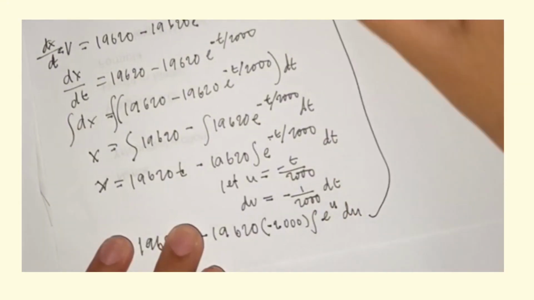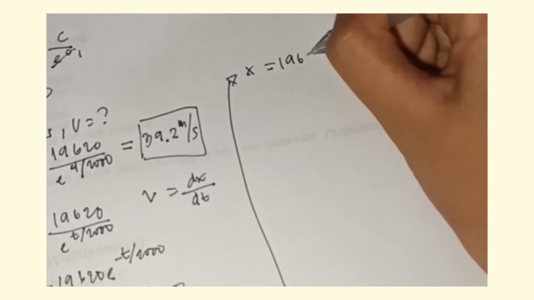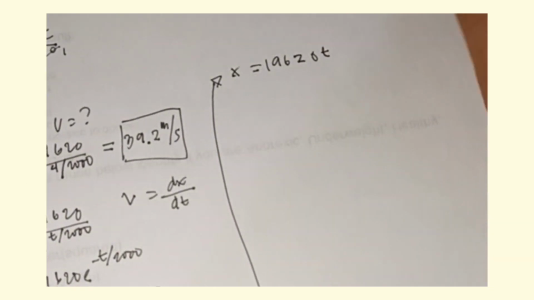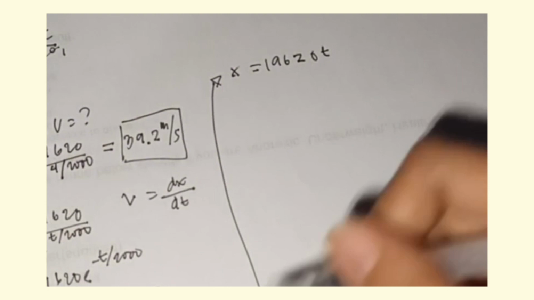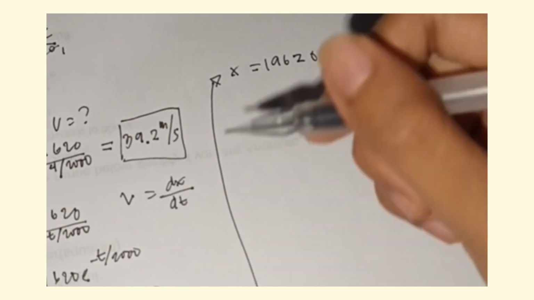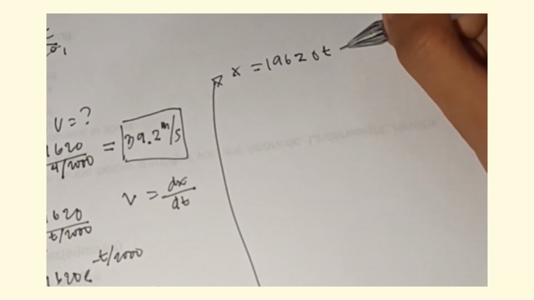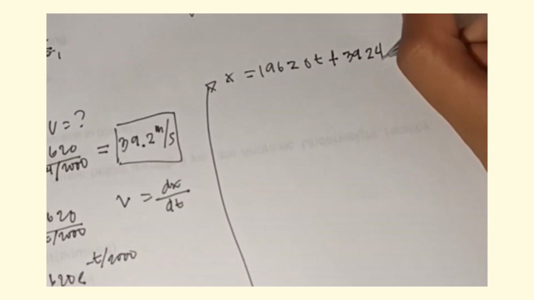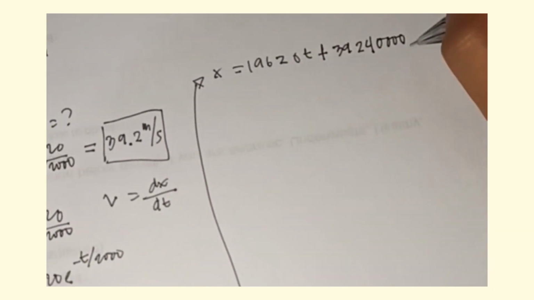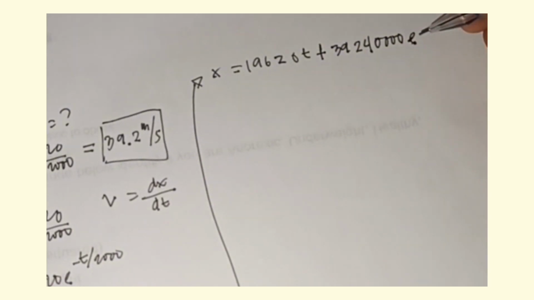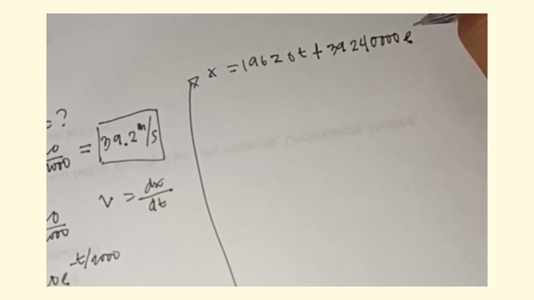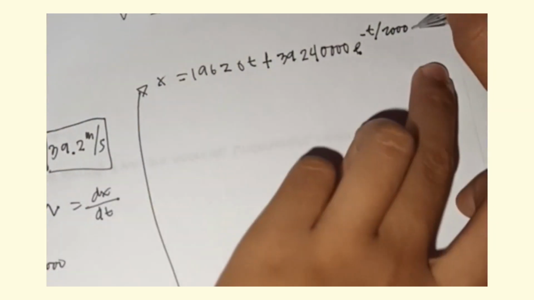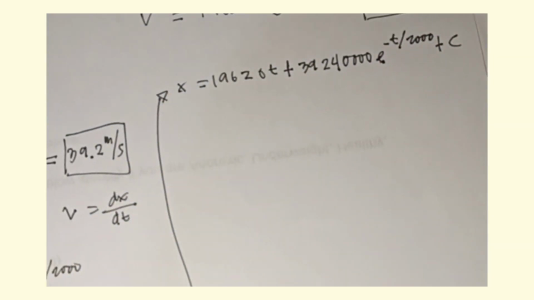So we have x equals 19620 multiplied by time, plus 19620 multiplied by 2000, where the negative becomes a positive value, which is 39,240,000, times e raised to u, where u is negative t over 2000. Upon integration, we have the constant of integration, plus c.